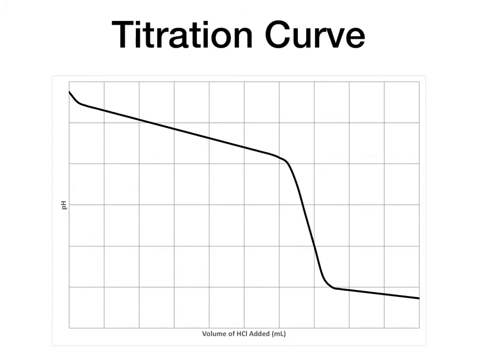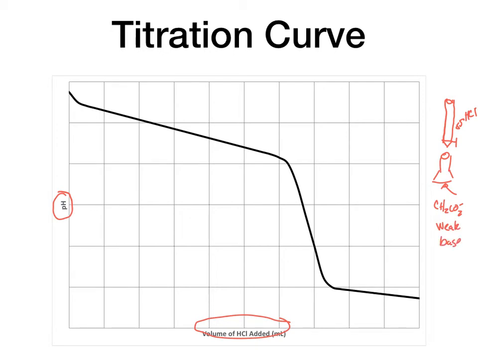So when we collect data while doing a titration, we have been measuring the pH versus the volume of titrant added. In this case, we have a strong acid in our burette, HCl, and we have a weak base, our acetate, in our flask.